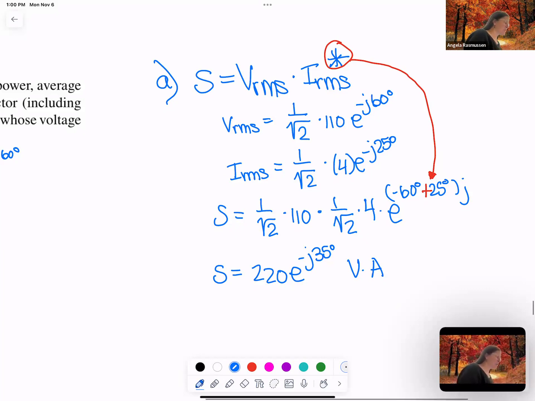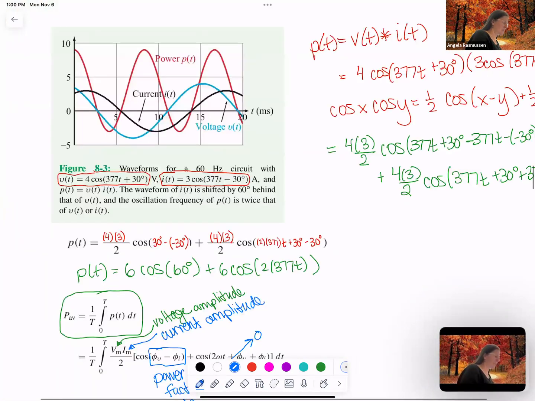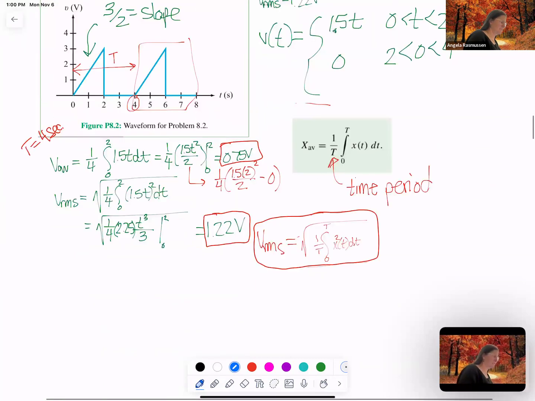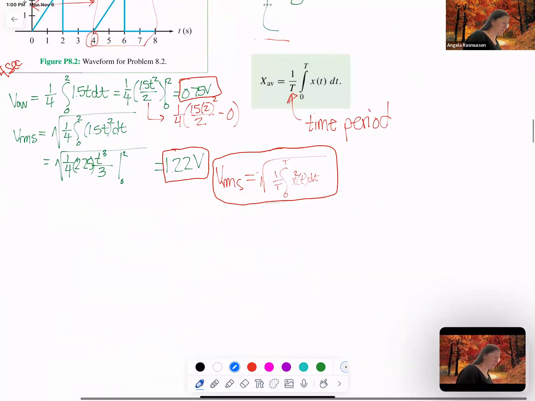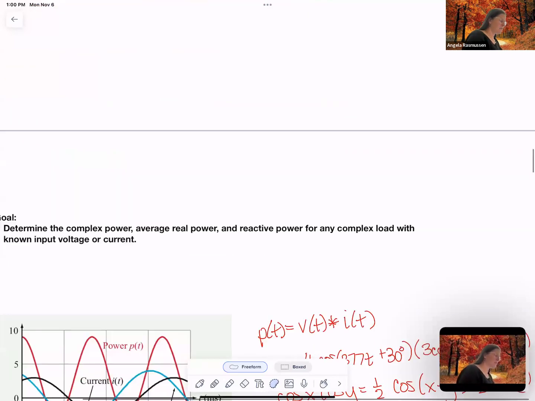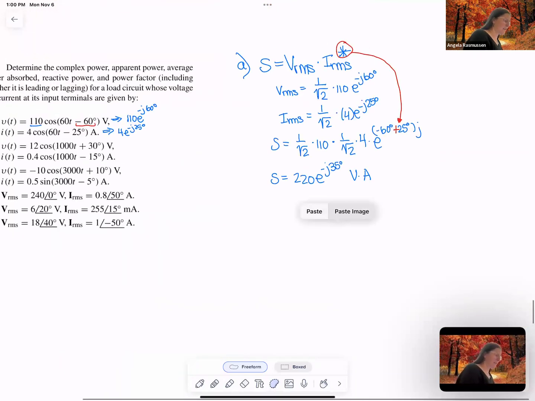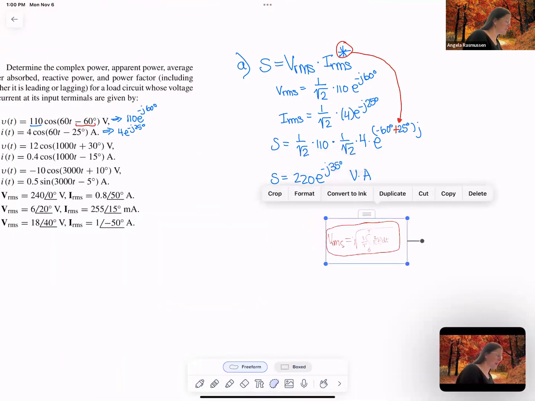So remember RMS, let me go back to this. This is RMS, where you take 1 over the period. And in this case, we have a cosine.